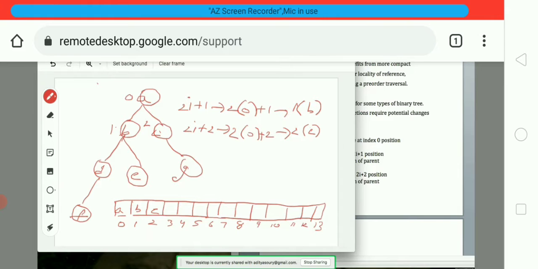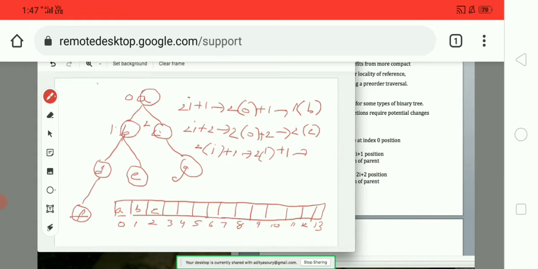Now I would like to store another element D. D is the child of B, and it is in left side. 2i plus 1 because it is in left side, and the parent of D is B and the B position is 1, so 2 into 1 is 2, plus 1 is 3, and we have to store the D element in third position.